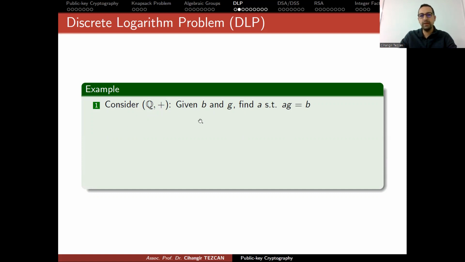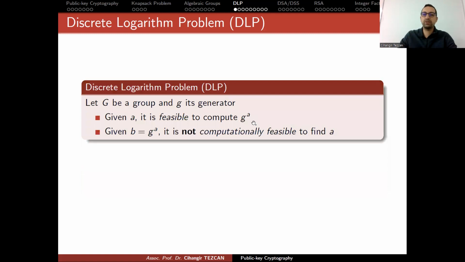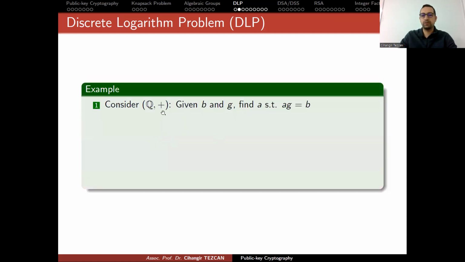Given b and g, find a such that a times g equals b. In the previous definition, I used the multiplicative notation. If we give the same definition but use the additive notation, then here I will write a times g, and b would equal a times g. So let's start with this additive notation.